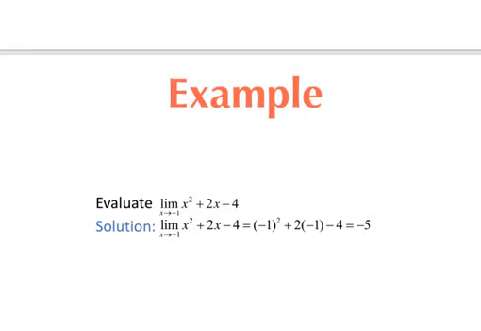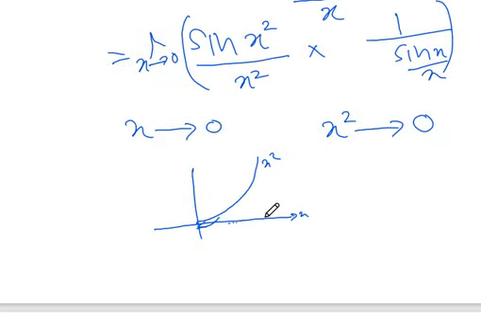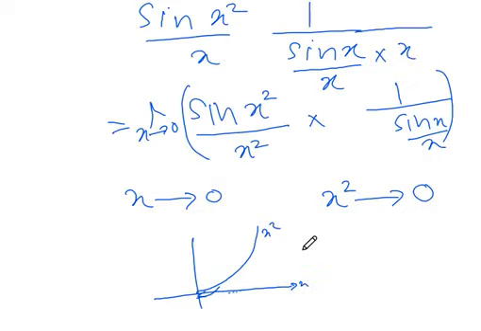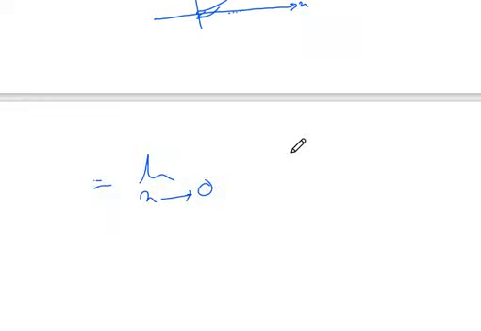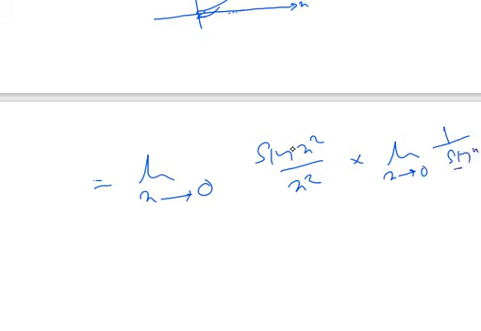Let's take the limits separately. So the limit as x tends to 0 of sine x squared over x squared, times the limit as x goes to 0 of 1 over sine x over x.